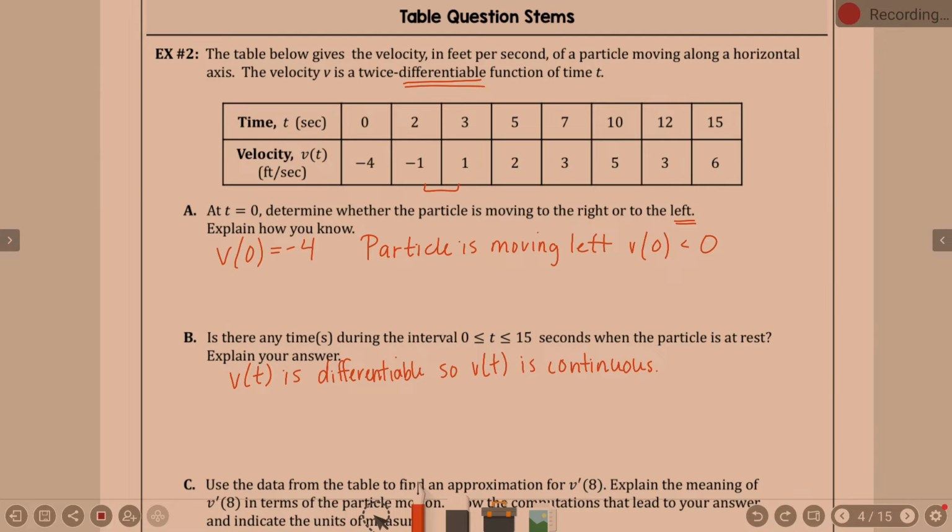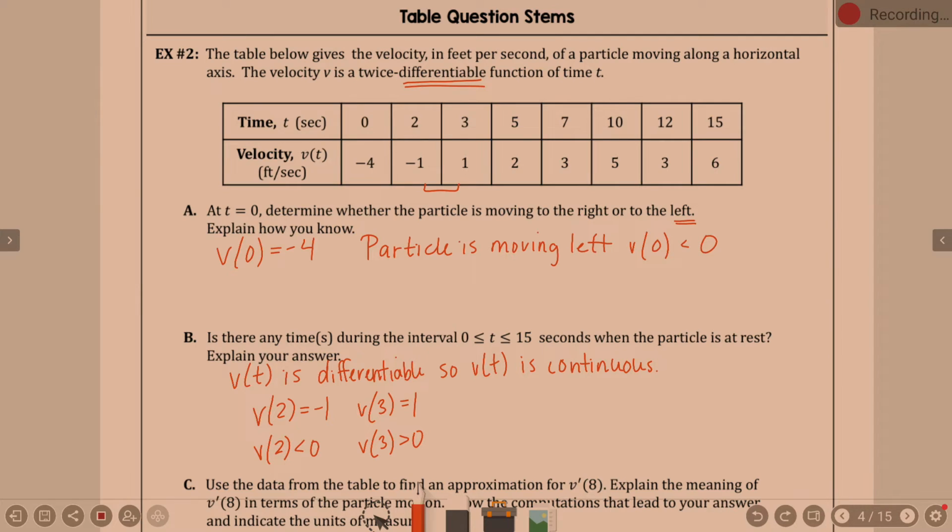Okay. And then the key to point out is that at v of 2, it was -1, and at v of 3, it was +1. Or in other words, at v of 2, it was negative, less than 0, and at v of 3, it was positive, or greater than 0. What theorem says this?